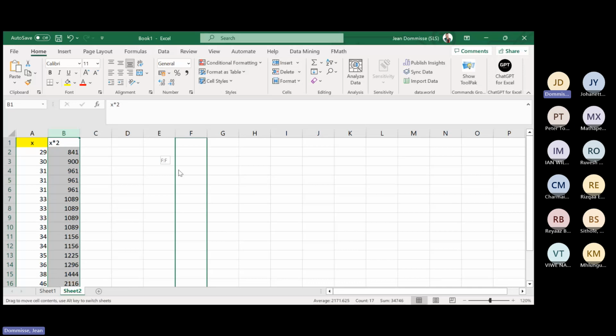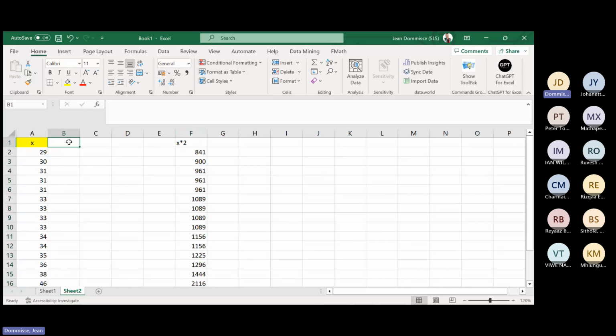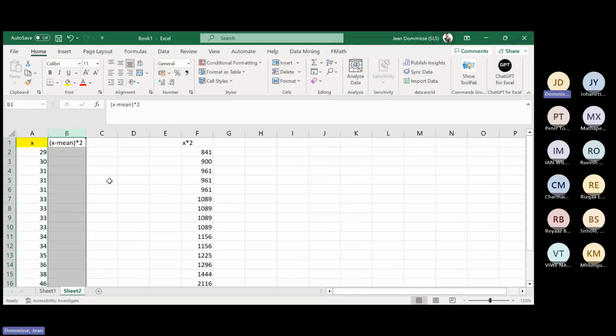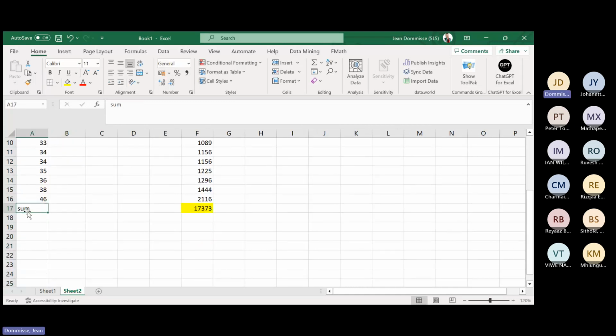Okay, so let's move that a bit out. The formula that I need to work with is the X minus the mean, which I will need to multiply by itself, so times 2. Now I haven't worked out the mean yet.